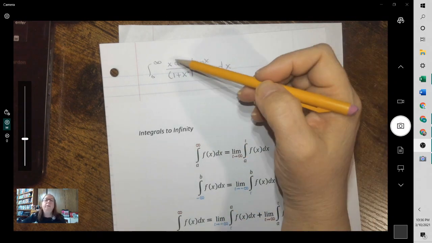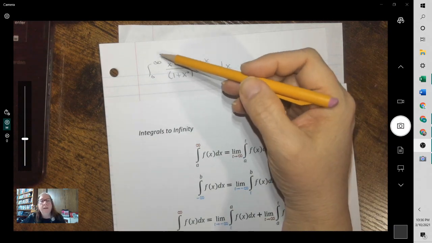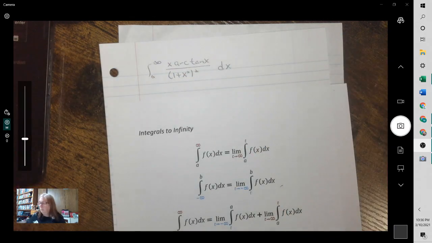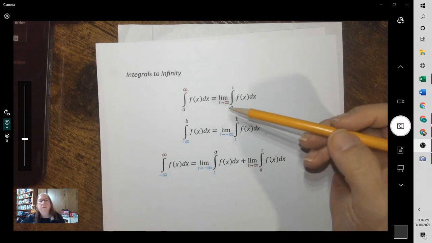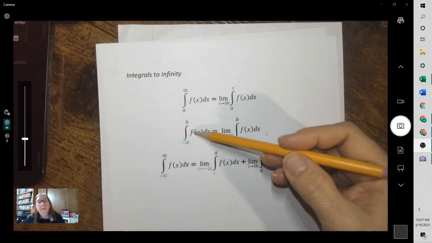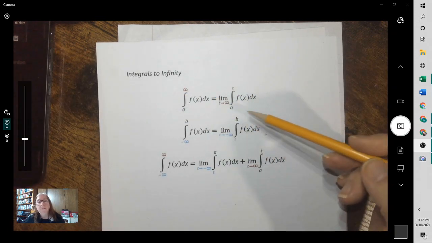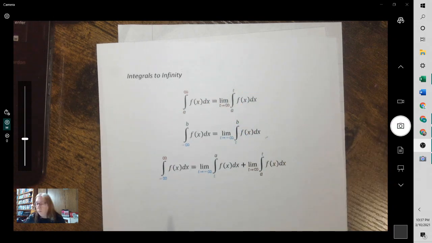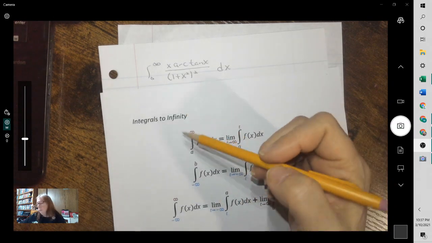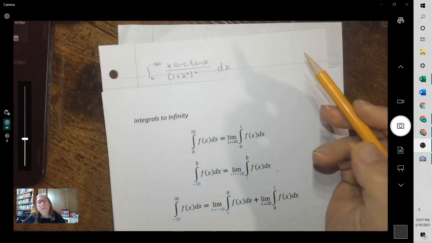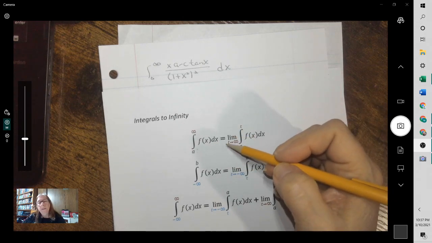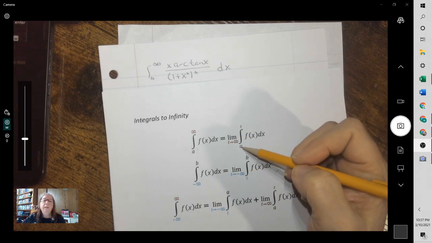So the first thing we want to do is, looking at this, decide what case we have. Well, if we notice, there was no negative infinity, so it's definitely the first one. And we were starting with 0, so 0 to infinity, a would be 0. We're taking the limit as t goes to infinity of a to t.